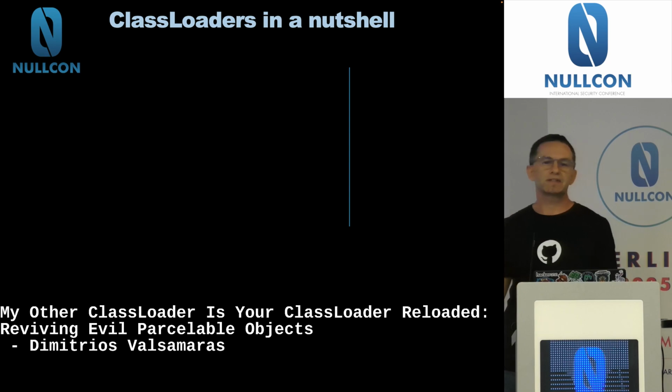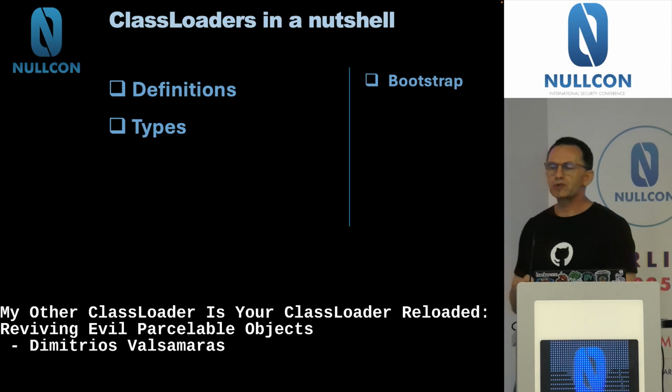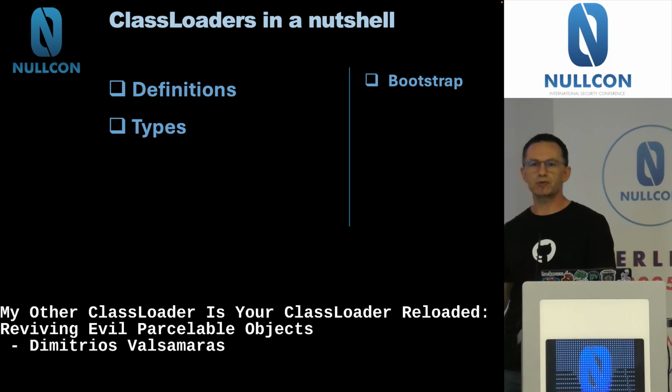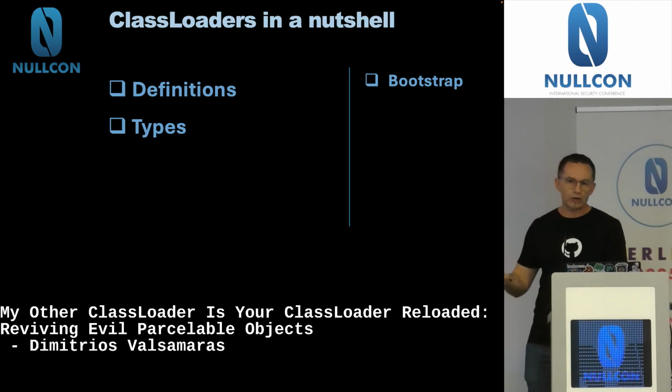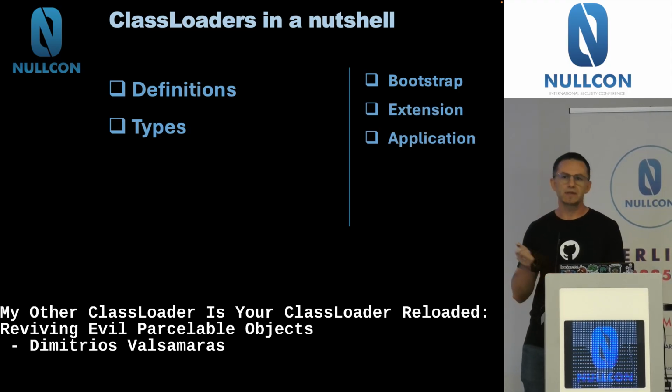All right, so a few things about class loaders. Class loaders are an essential part of the Java virtual machine, and they are used to find binary representations of classes, interfaces, and when these are found, the JVM loads them into the application's memory. We have various types of class loaders, like primary ones, like the Bootstrap, which is responsible to find Java core libraries. And we have also secondary ones like extension or application class loaders, which are used to find and load, better say, secondary classes from extension or application directories, as their name implies.